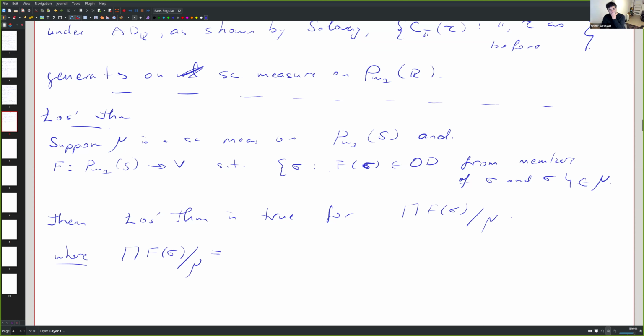Well, think of f of sigma as some kind of structure. There's some language, some first order logic, and things like that. So we're using first order logic here. The equivalence classes.